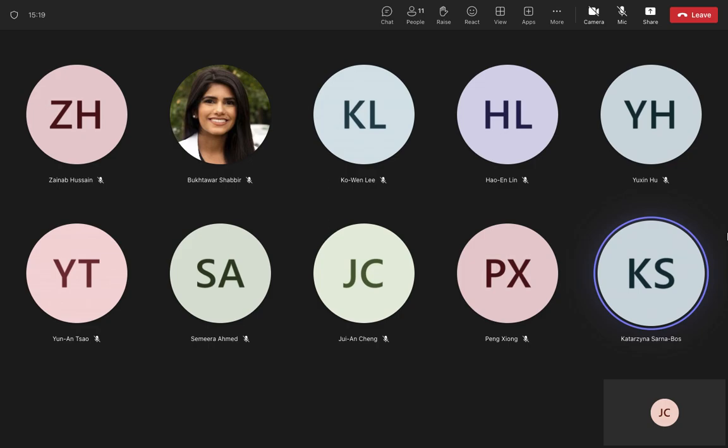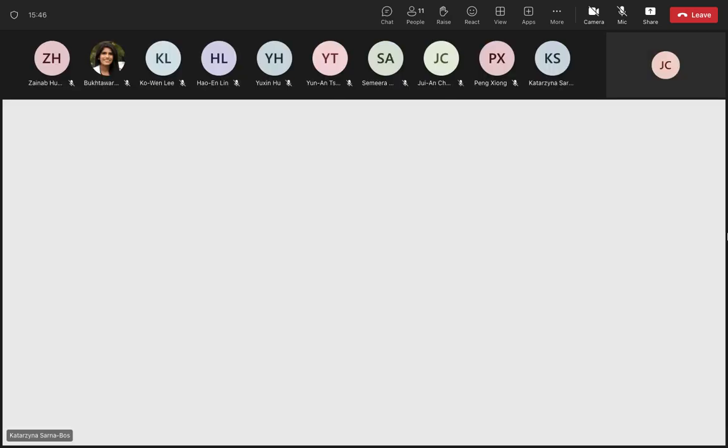Once again, I'll try. Something changed with the Teams. Do you see the slide number 7?